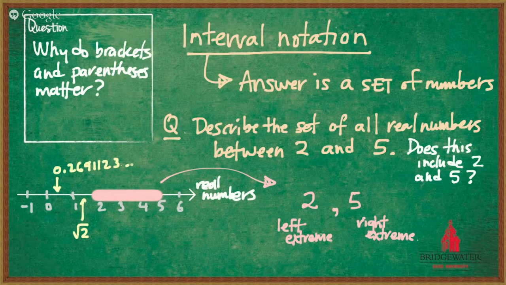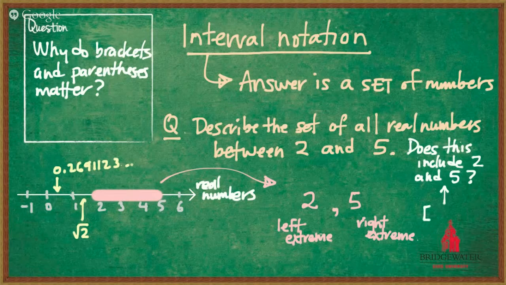As an English word, we have a sense of what it means colloquially, but mathematically, it's not a strong enough word to tell us whether we're going to include 2 and 5. If I were to ask you, is 2 a number between 2 and 5? You might say yes, you might say no, and there would be no way for us to adjudicate that. So brackets and parentheses matter in interval notation because they specify the answer to that particular question.